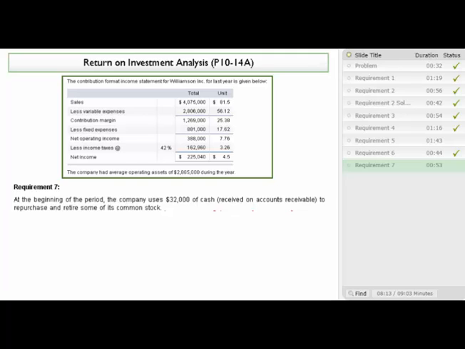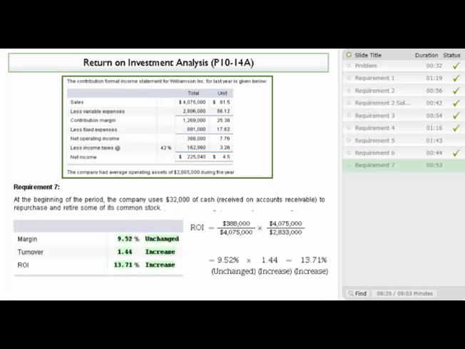Requirement 7 says, at the beginning of the period, the company uses $32,000 of cash received on accounts receivable to repurchase and retire some of its common stock. As a result of this transaction, margin remains unchanged. There's no impact on the income statement. But turnover results in an increase.